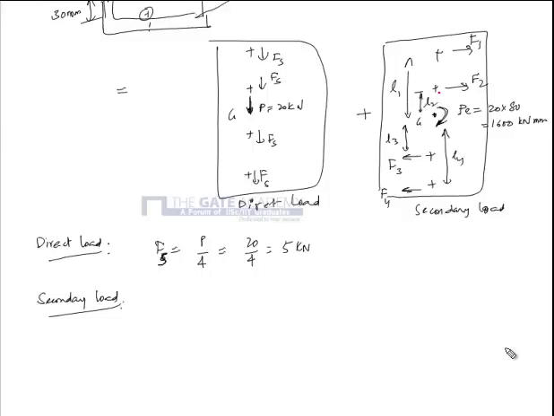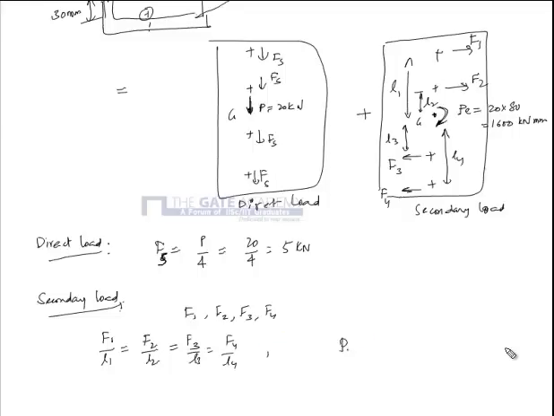A couple of assumptions are made while solving for the secondary load. One is that the forces F1, F2, F3, F4 are proportional to their distances from the center of the rivet system, so F1 by L1 is equal to F2 by L2 is equal to F3 by L3 is equal to F4 by L4.